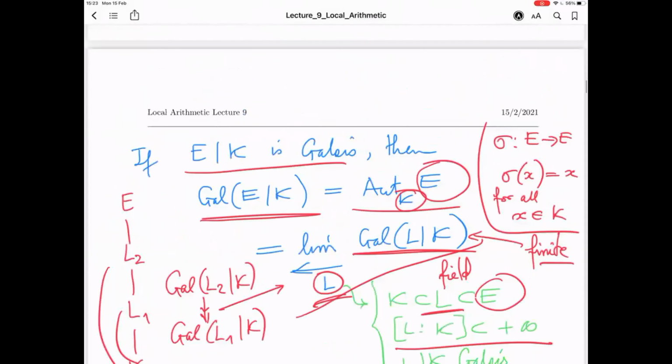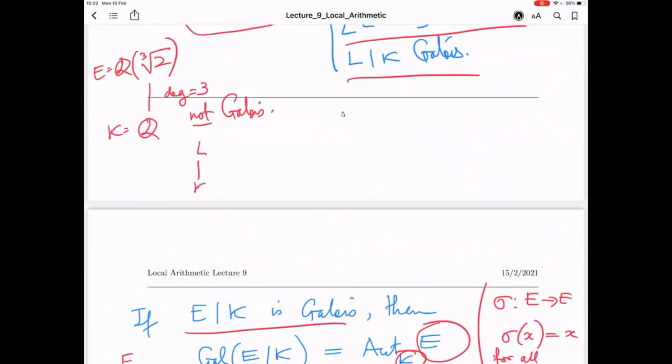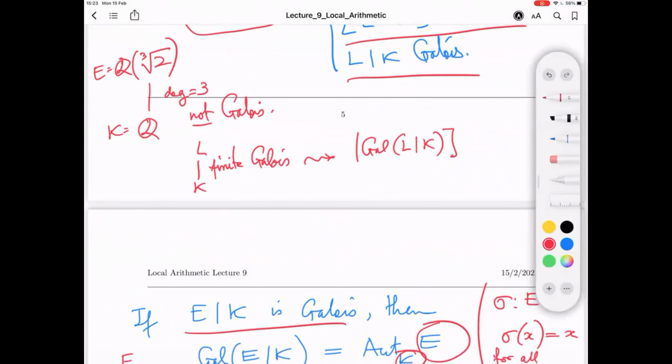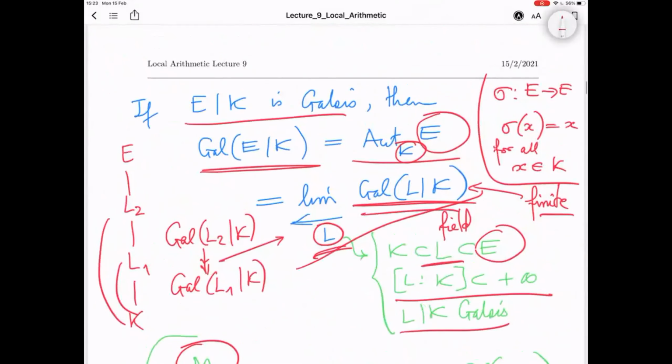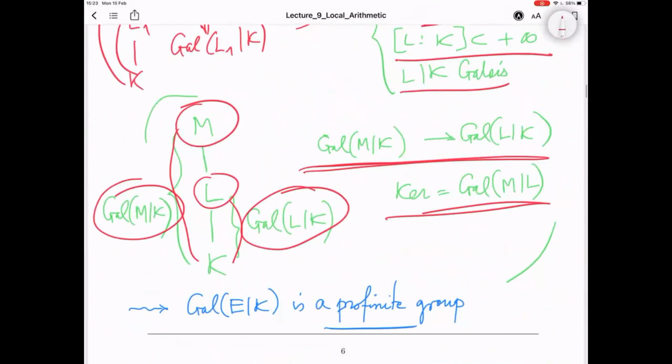I should have mentioned that when L over K is a finite Galois extension, then the order of the Galois group of L over K is equal to the degree of L over K. So these are all finite groups here, and I'm taking the inverse limit of a system of finite groups. So the inverse limit is called a profinite group.